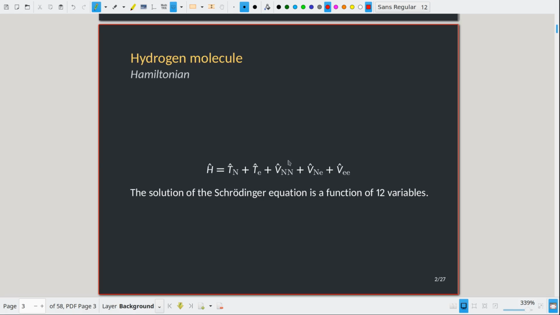Then we've got the potential energy of the internuclear repulsions. So we've got two nuclei, they are both positively charged, so there will be a certain electrostatic repulsion between those. Then we've got the potential energy representing the electrostatic interaction between each of the nuclei and each of the electrons. And this is obviously an attractive sort of term here. And then we've got the electrostatic repulsion between the two electrons.